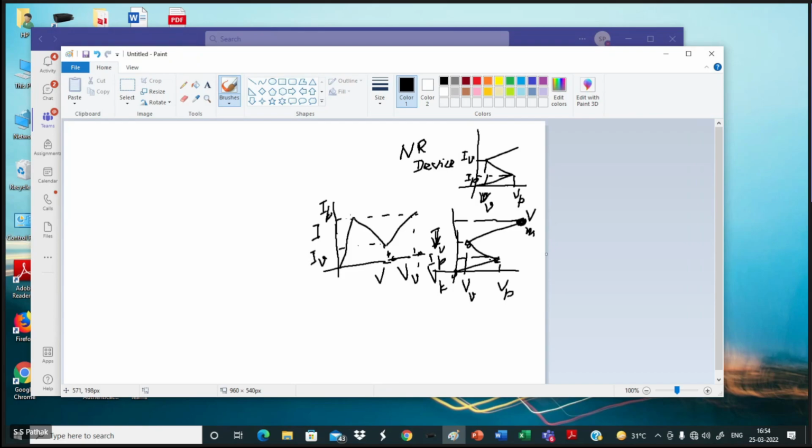VP and IP, this peak and this are taken as parallel, and at this point, if you are asked to do some kind of calculation, you will find it easy to compute. That's why the tunnel diode is N curve, that is voltage control. If it is S curve, that is your current control.